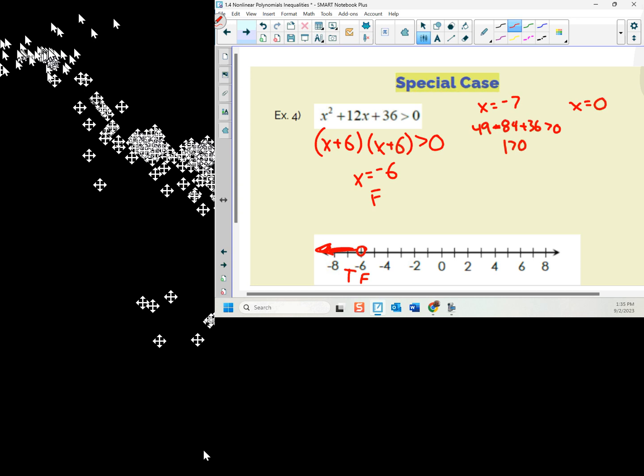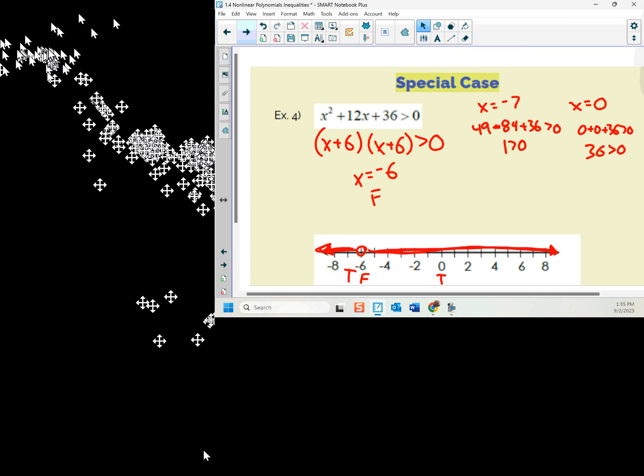To the left of negative 6. If I plug in 0, I get 0 plus 36 is greater than 0. Yes, 36 is greater than 0. This is true. We're also going to shade to the right of that critical point.